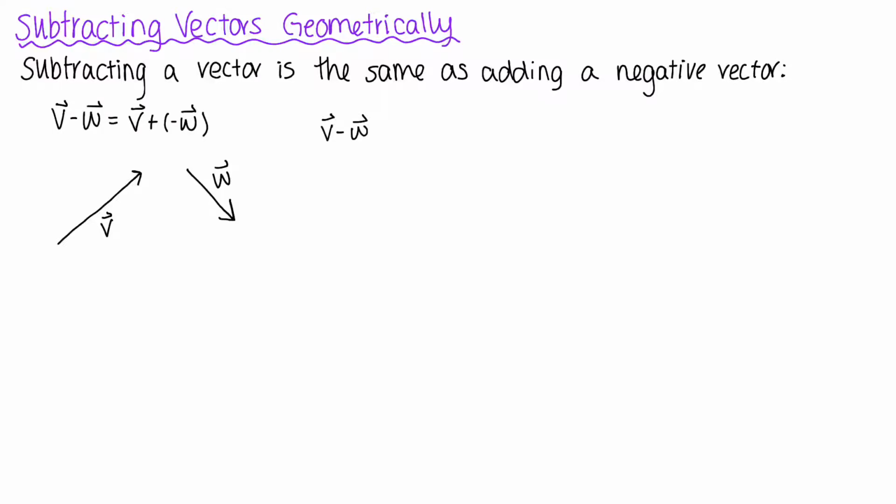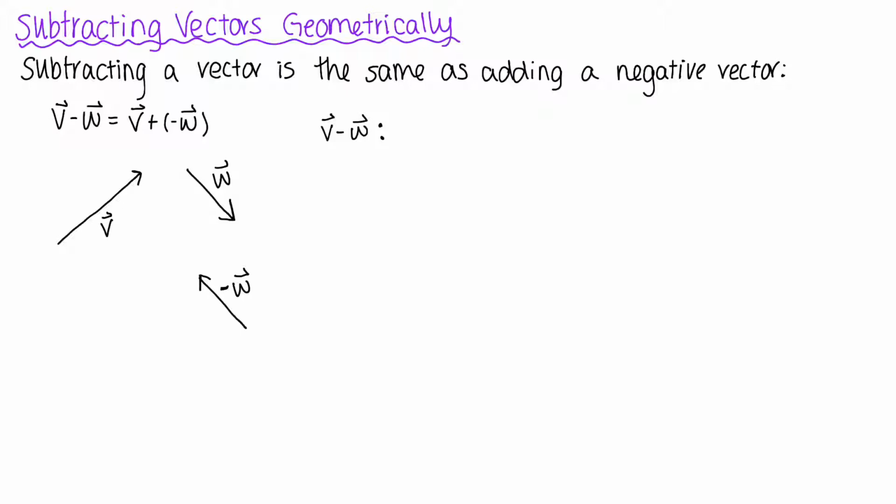But as I'm pointing out over here, that's really going to be v plus negative w. So let me start by finding negative w. This is regular w. Let me just erase that arrowhead there. It goes in the opposite direction, so this is negative w.